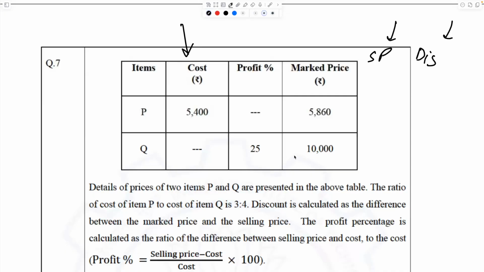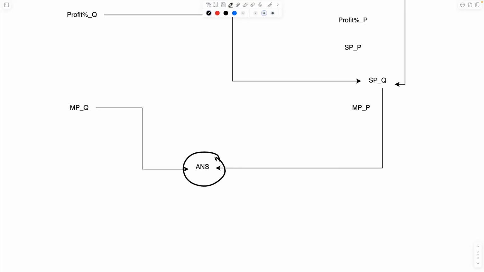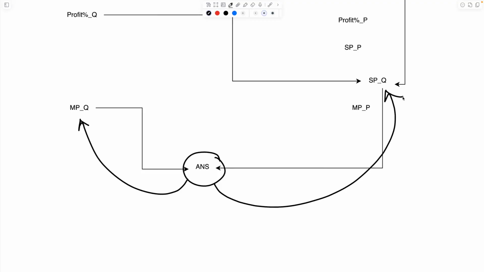And what did we want to find? We wanted to find the selling price of Q, right? We want to find the selling price of Q because your answer depended upon your selling price and your market price, right? And this part I've shown over here, that the answer over here depended upon your market price of Q and your selling price of Q, right?